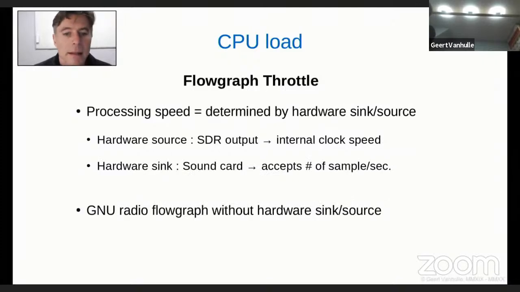Okay. Now, if we would take a completely virtual flow graph, what is possible? We take a signal source and we feed it directly to, for example, an FFT block to see the spectrum result of it. Now, if my signal generator has a sample rate set to 1 megasamples per second, at what speed will these samples be processed inside my flow graph?